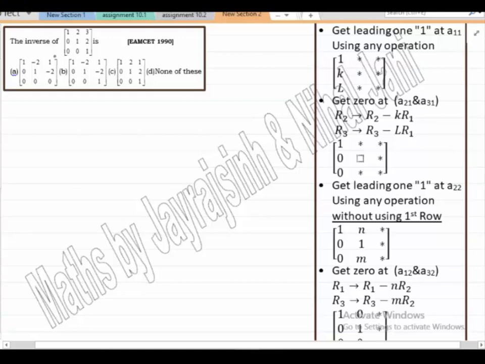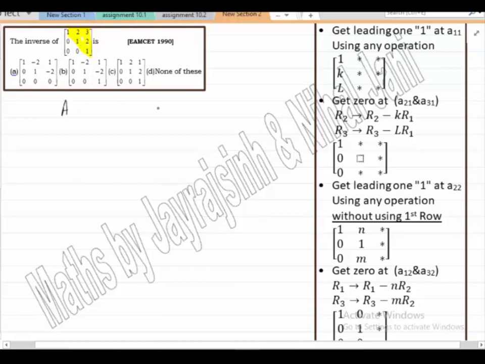Here we have one interesting question. You have to find the inverse of the given matrix. Actually, this is an upper triangular matrix, right? And it is very close to the identity matrix. So hopefully the question will be quite simple, but we have to follow the tradition.